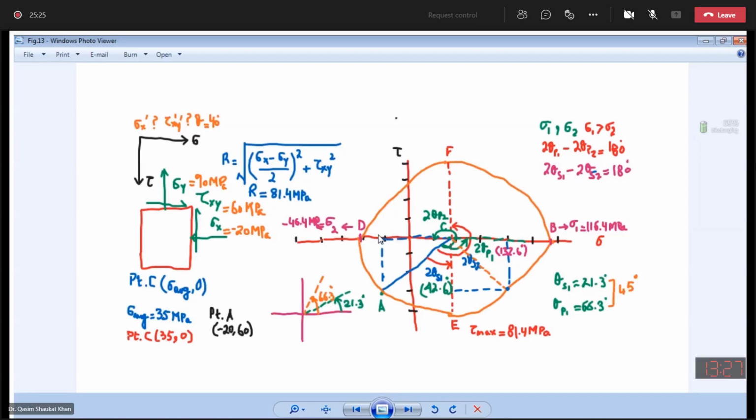So 0, minus 20, and 60 positive. So 20, 40, 60. This point is your reference point having the coordinates minus 20 and 60. Is this clear?